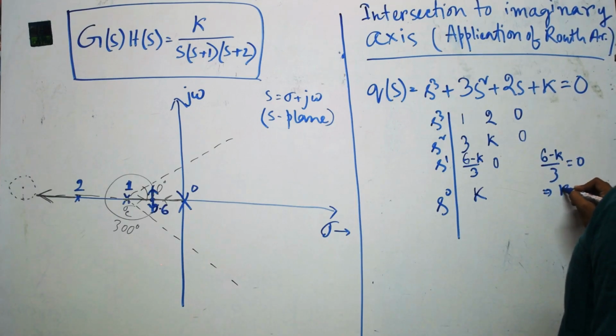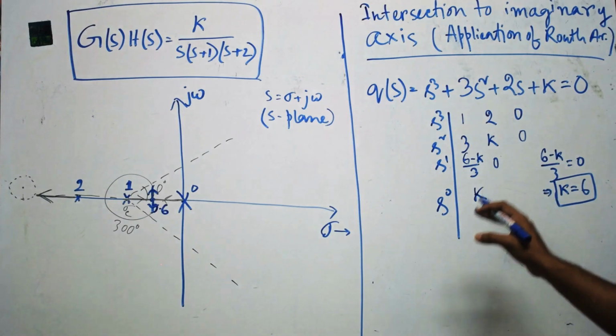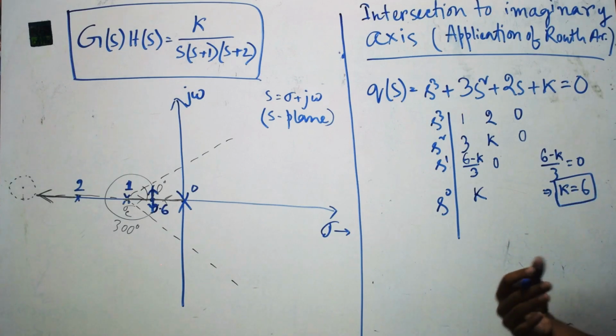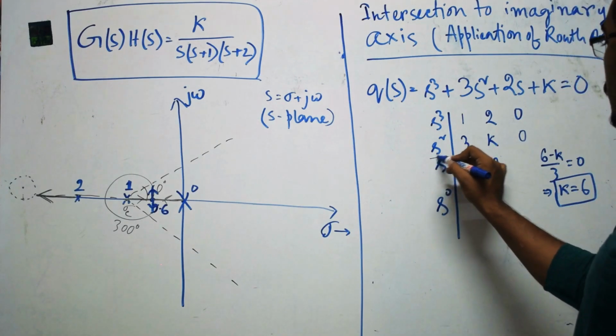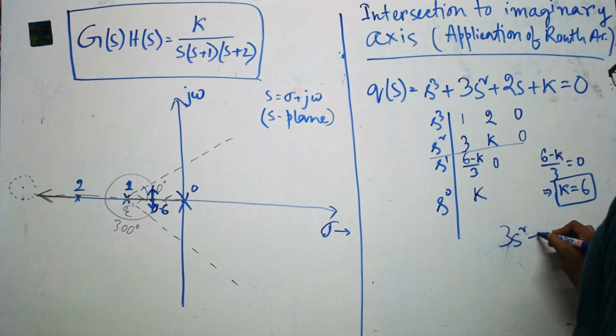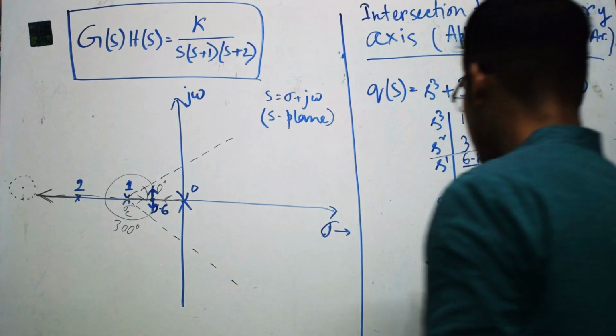Therefore we get k is equal to 6. Hence for k is equal to 6, the system will be marginally stable. Now this k value needs to be put into the auxiliary equation. What is the auxiliary equation? In the second order row of the Routh array, that is 3s square plus 6 is equal to 0. This is the auxiliary equation.